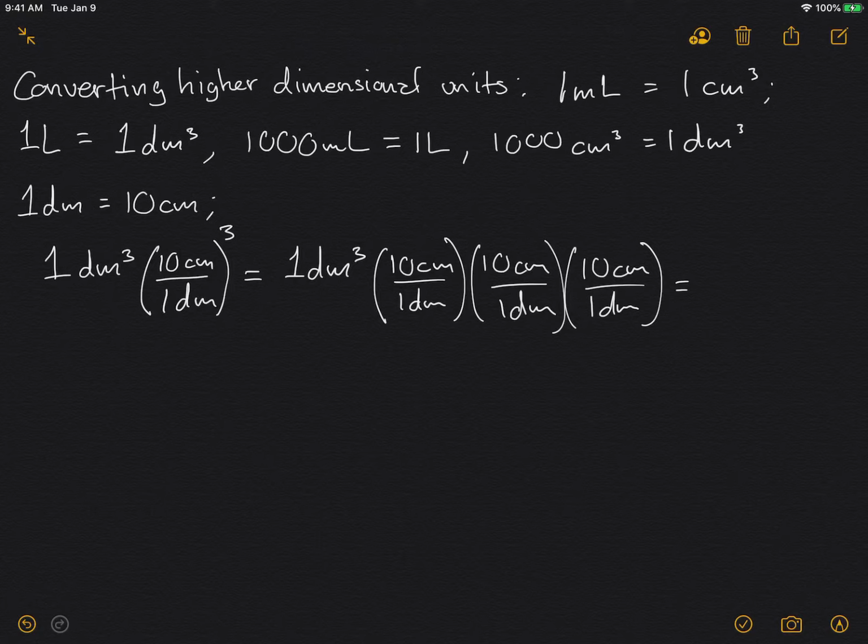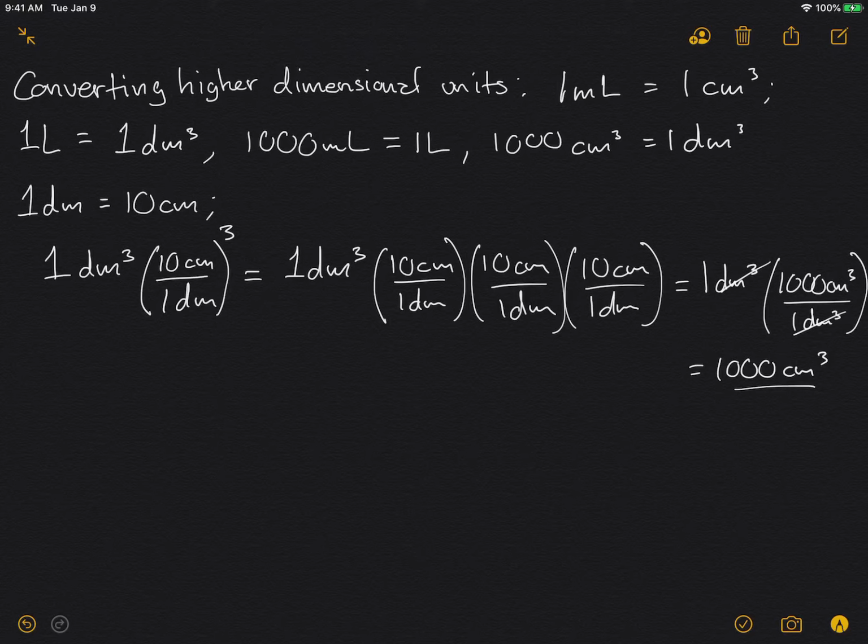Centimeters times centimeters times centimeters is cubic centimeters, and decimeters times decimeters times decimeters is a cubic decimeter. So 1 cubic decimeter times 1,000 cubic centimeters divided by 1 cubic decimeter. The cubic decimeters cancel out, and we do have 1,000 cubic centimeters. Okay, so since that is true, then we know that 1 milliliter equals 1 cubic centimeter.